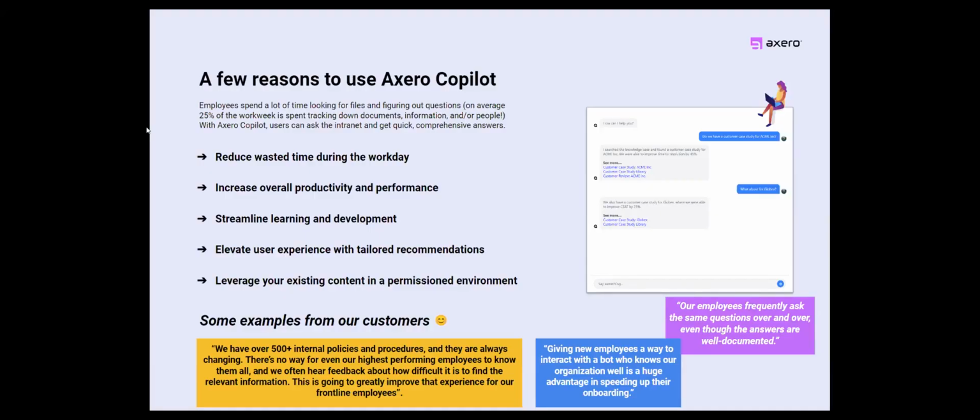What if we could just take those most frequently asked questions, train Copilot to answer them well, and free up all that time, not only of the people having to ask questions and wait for an answer, but the people who have to answer the same questions over and over? And what's great is they've already done the hard work. They got the documentation into Axero, into their intranet. So it's not like they have to go and train a model on how to answer these questions. They just have to turn Copilot on, and Copilot immediately has access to all the content on the site.